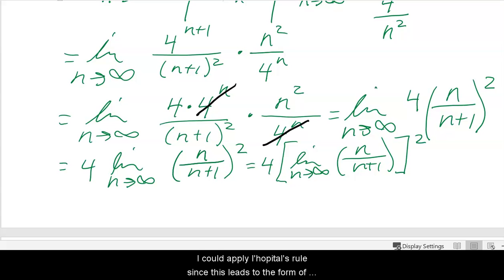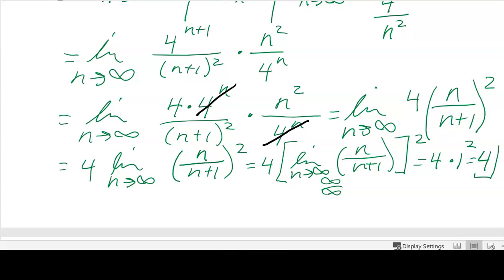I could apply L'Hopital's rule since this leads to the form of infinity over infinity, but if you also remember the Bill Gates rule, this means that the ratio of the leading coefficients will be the value of the limit, in this case, 1. Applying L'Hopital's rule will lead to 1 over 1, which is also 1. This gives me 4 times 1 squared, which is, of course, 4. That's the value of the limit.